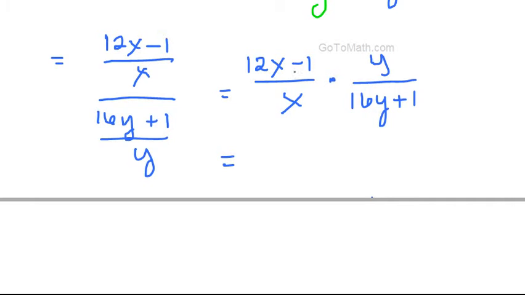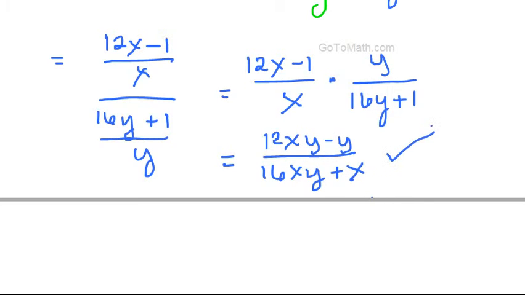Well, basically all we can really do is just distribute this y across. So we're going to write 12xy minus y over, since nothing cancels out, and then we're going to have 16xy plus x. I think that's where we'll end that problem.